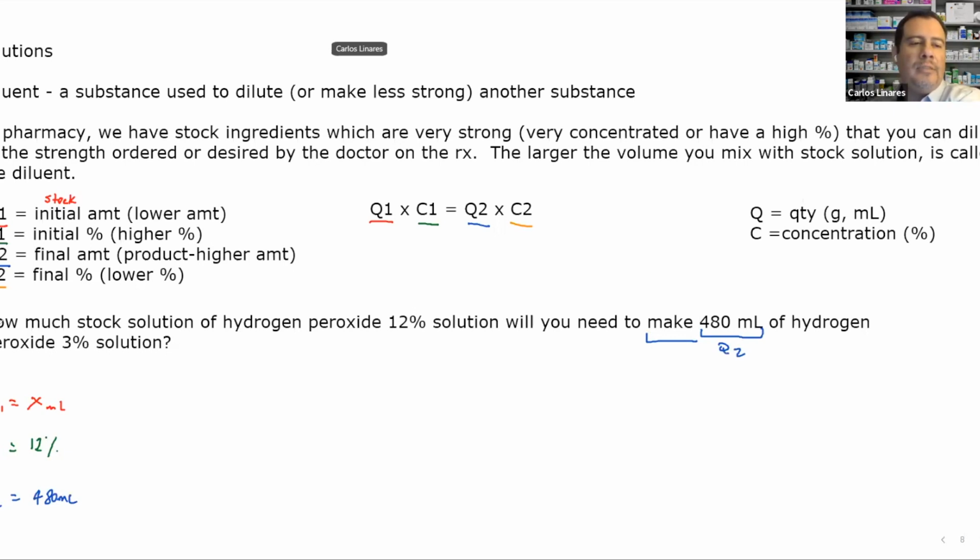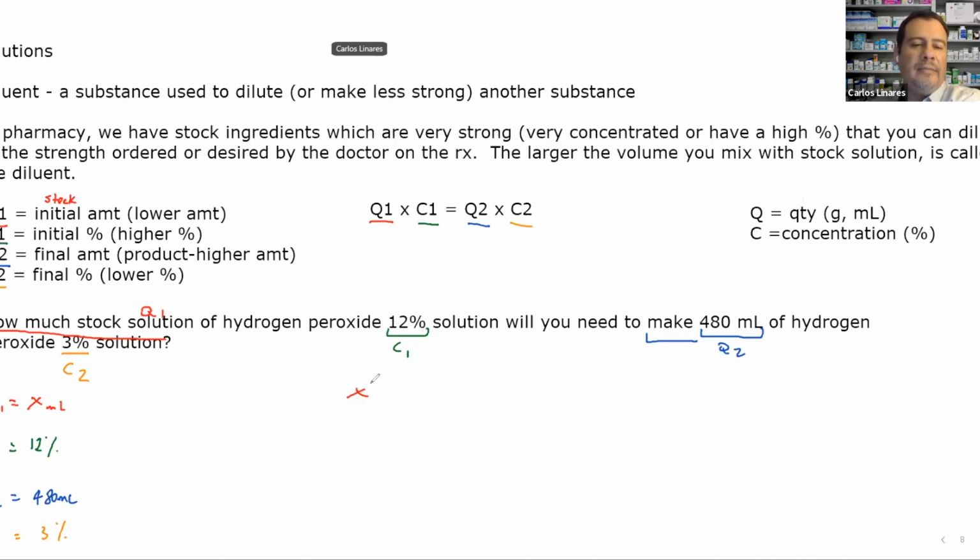This is how much stock is my Q1. And then my C1. And then finally, my C2, which is 3%.